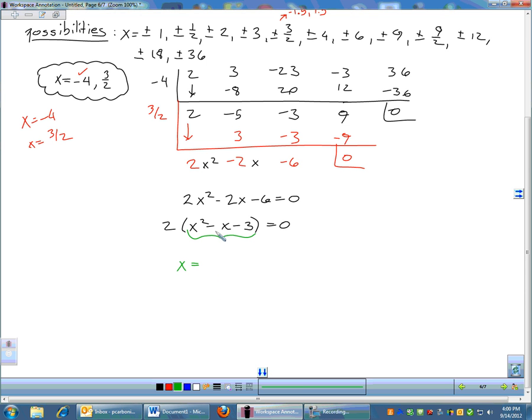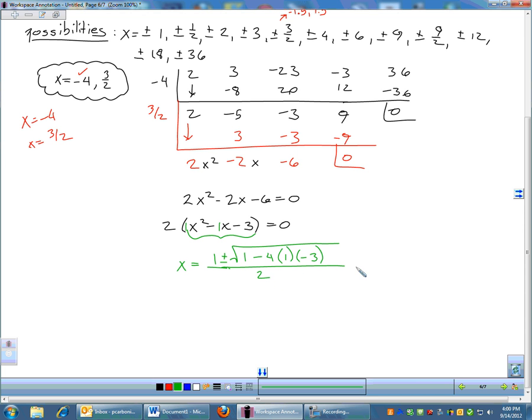So x equals negative b, which would be positive 1, plus or minus the square root of b squared, which would be 1, minus 4 times a, which is 1, times c, which is negative 3, all over 2 times a, and 2 times a is 2, right? So I'm using 1, 1, and 3.